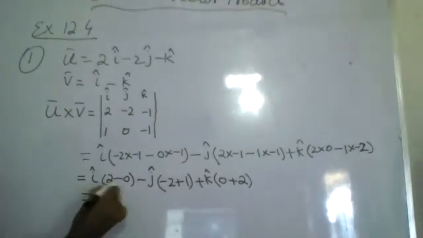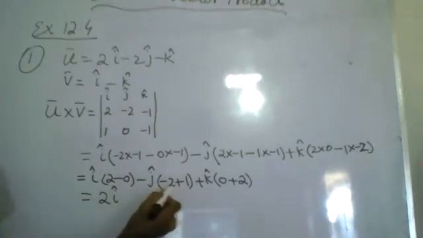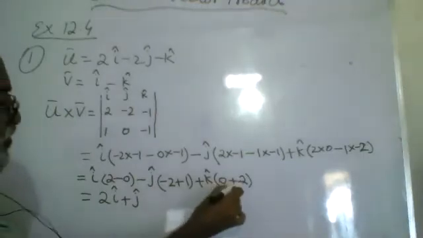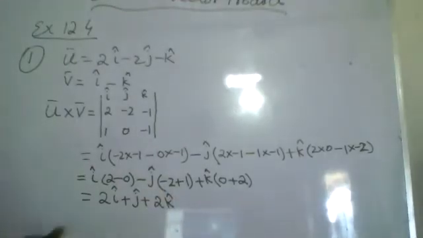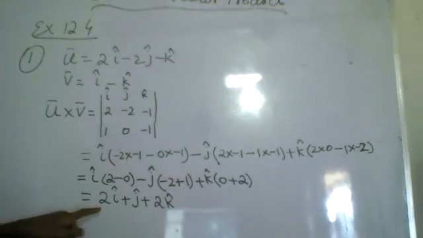It will become 2i. Minus 2 plus 1 will be minus 1, minus 1 into minus j will be plus j. 0 plus 2 will be 2k. This is the answer of u cross v, the vector 2i plus j plus 2k.